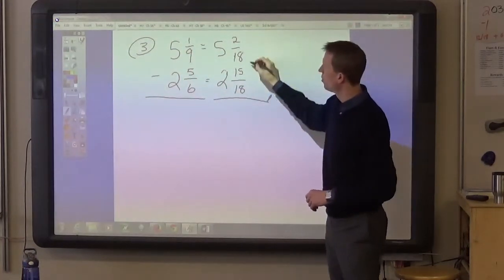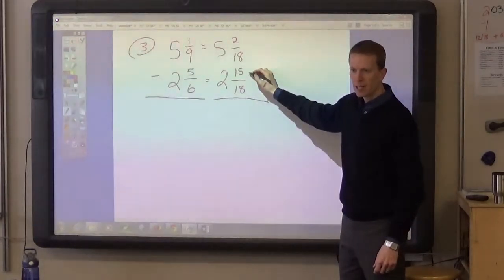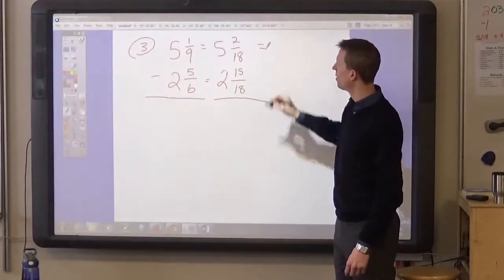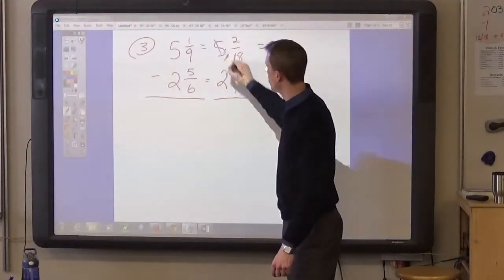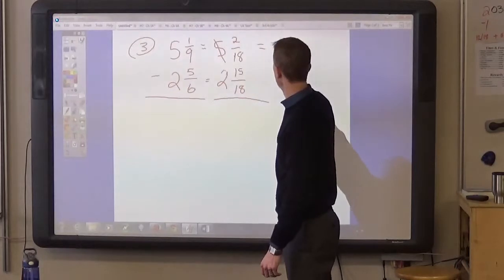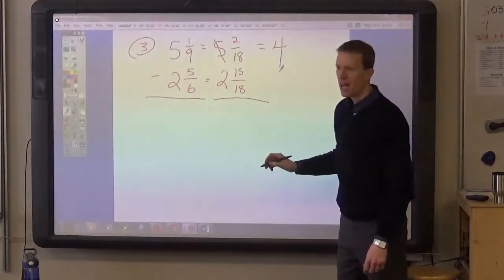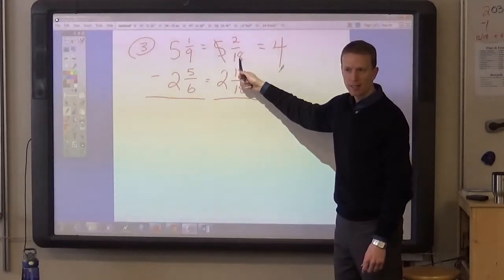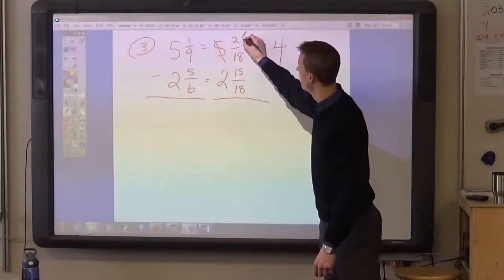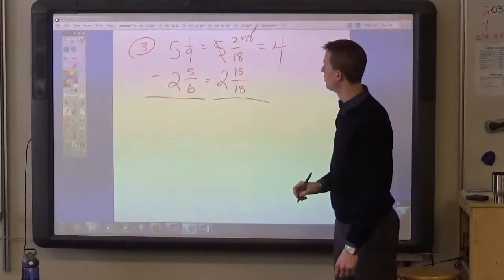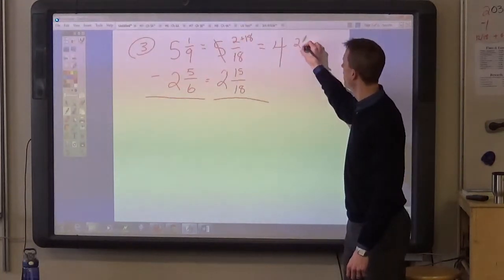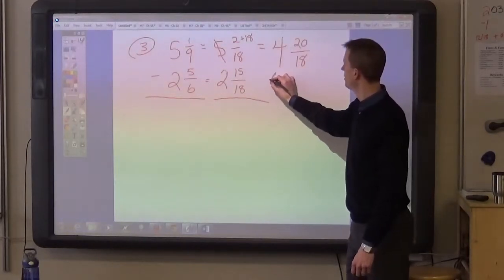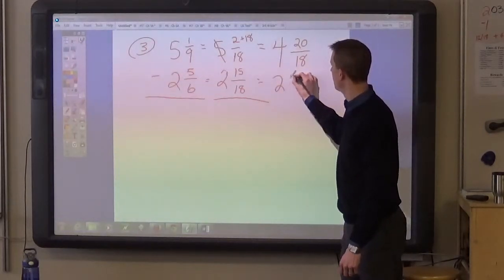But we can't do 2 pieces, take away 15, can we? So we have to rewrite this again, but we have to take one of the wholes and cut it into how many pieces? 18, so we're going to put plus 18 here, which is 20/18, minus 2 and 15.